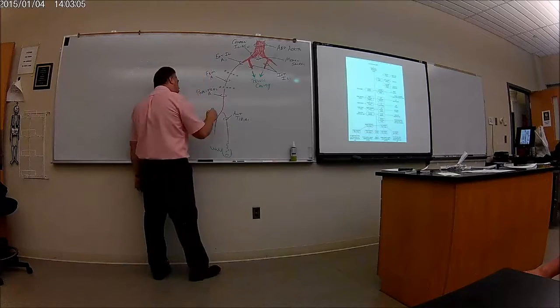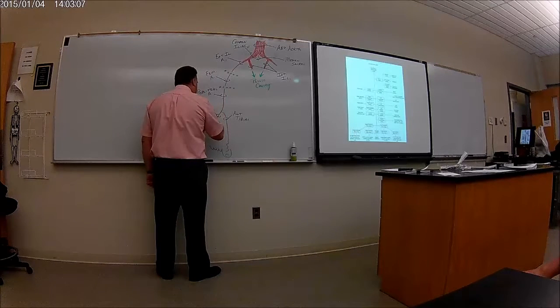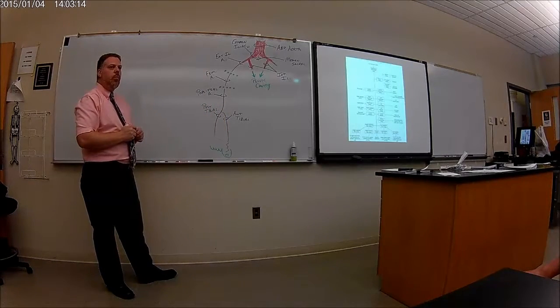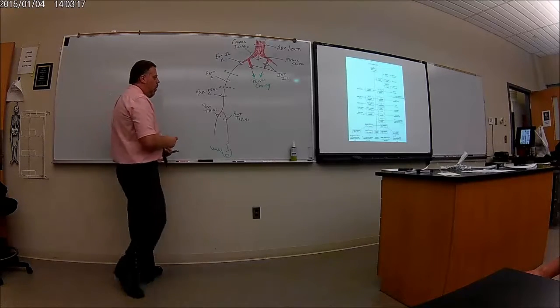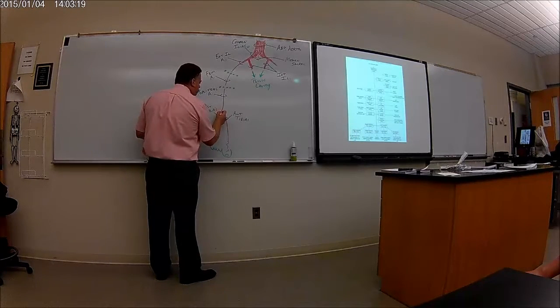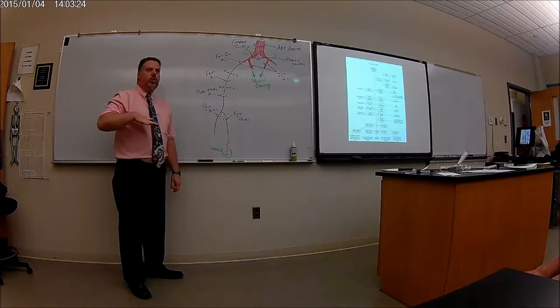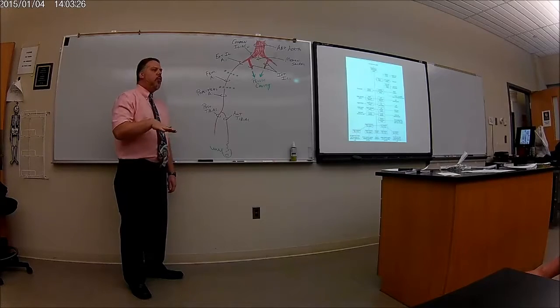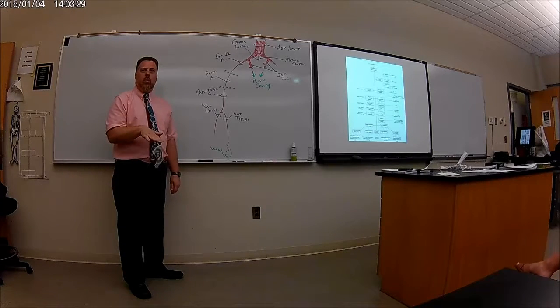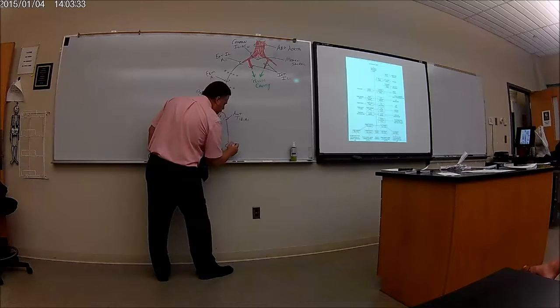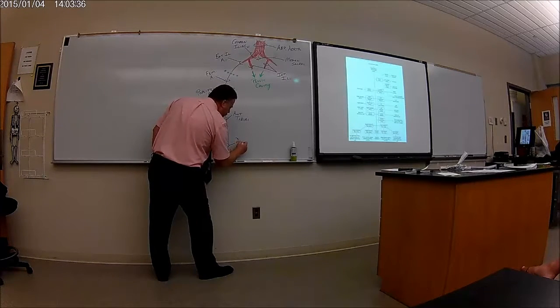The one going backwards is going to be the posterior tibial artery. The anterior tibial artery continues on top of the foot to the great toe. That little area there is called the dorsalis pedis artery.